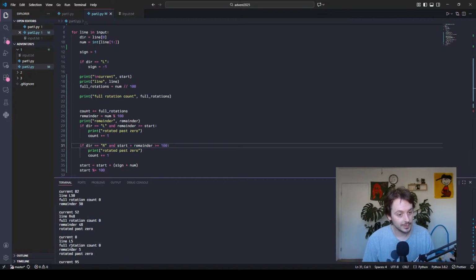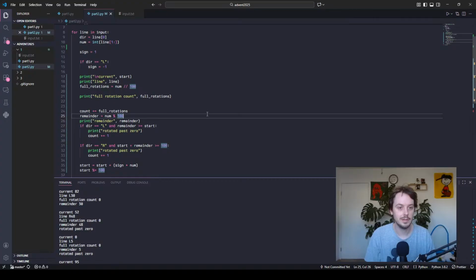Now for this one, current 0, line 5. Remainder is 5.